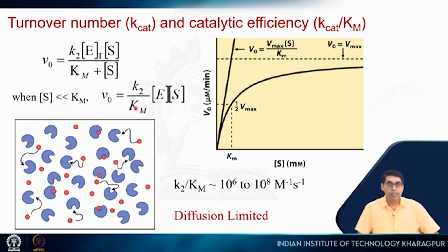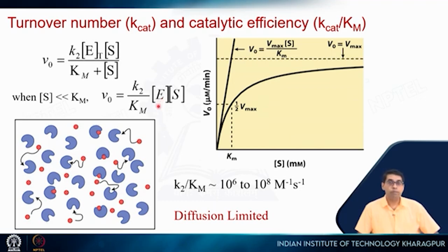Again you can see that the velocity will depend on E total, right? And we can assume that since the substrate is much less than Km, very little enzyme is bound. So E total will be almost equal to the free enzyme concentration. So we have replaced E total by E, right? So this is the rate of association.